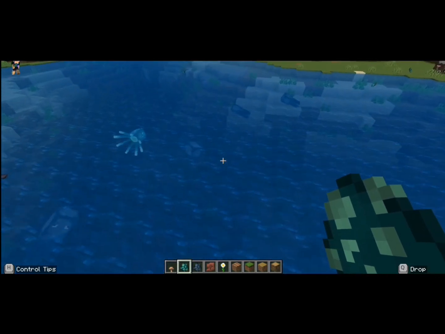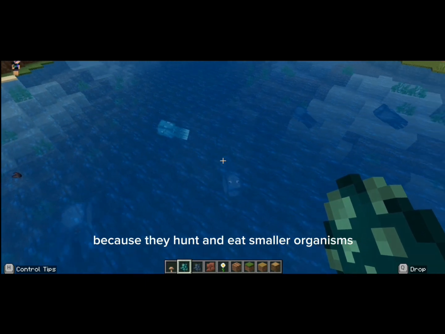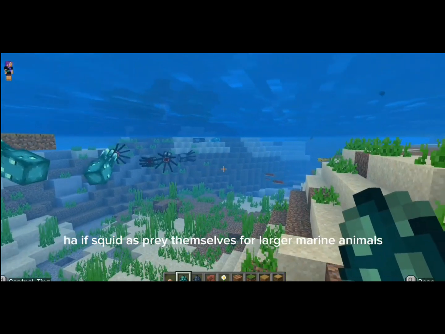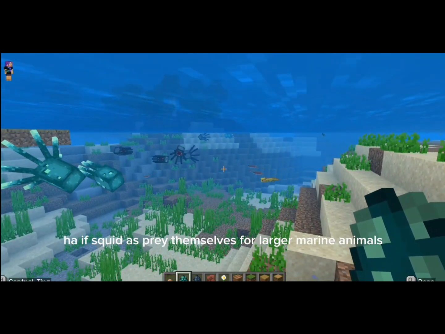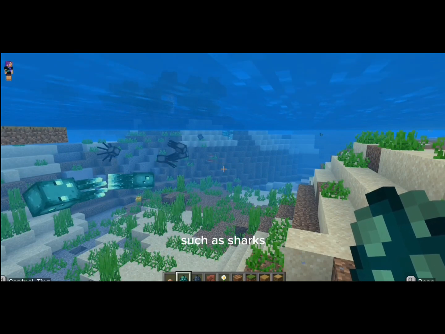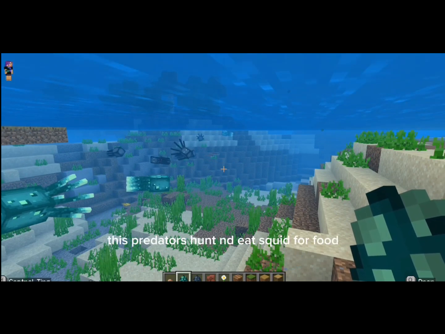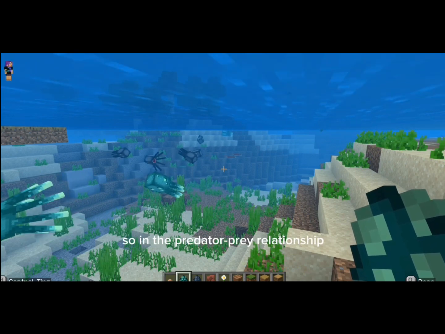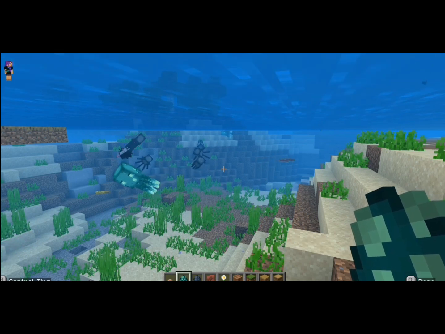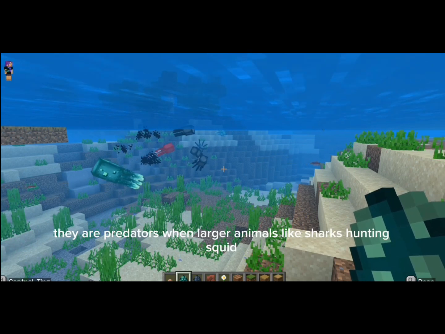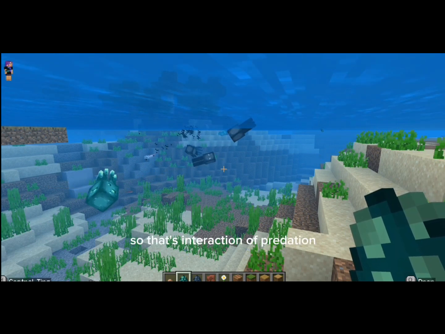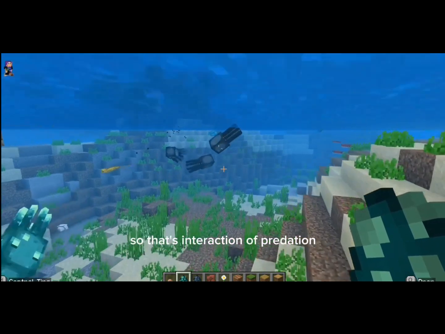Squid are predators because they hunt and eat smaller organisms like fish and plankton. Squid are prey themselves for larger marine animals such as sharks, tuna and seabirds. These predators hunt and eat squid for food. So in the predator-prey relationship, when squid are hunting small organisms, they are predators. When larger animals like sharks are hunting squid, the squid are the prey. So that is the interaction of predation.